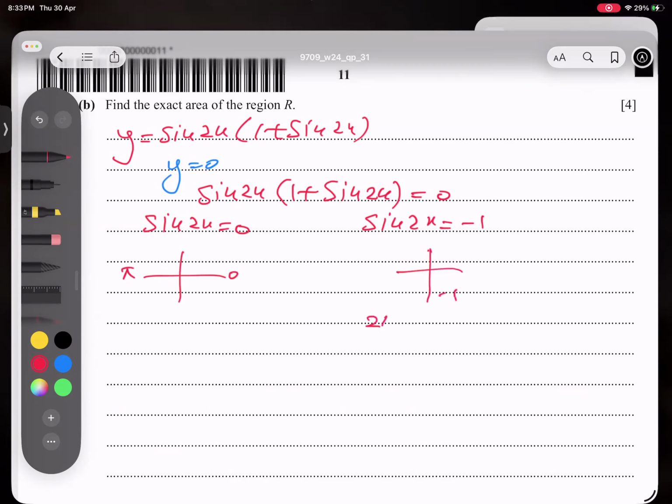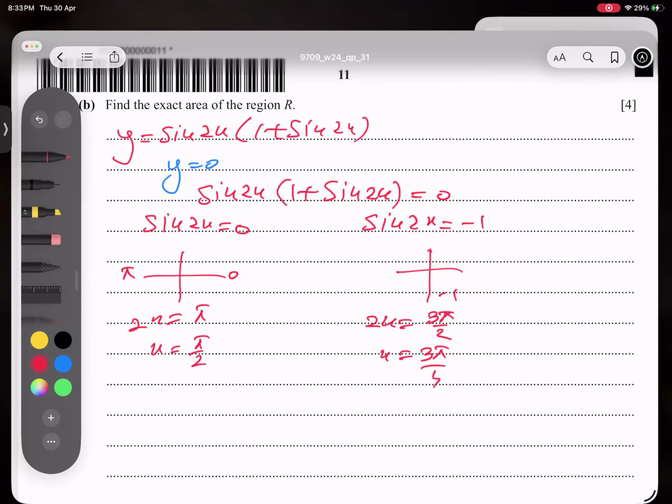So sine is negative 1 at 3 pi by 2, meaning 2x is equal to 3 pi by 2. And here I can say 2x equals pi. So here I'm getting pi by 2, and here, wait a minute, this is 3 pi by 2, so I'm getting 3 pi by 4.